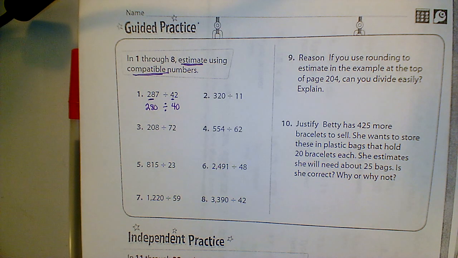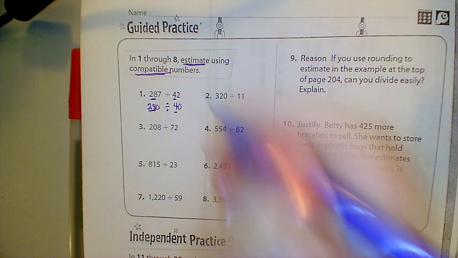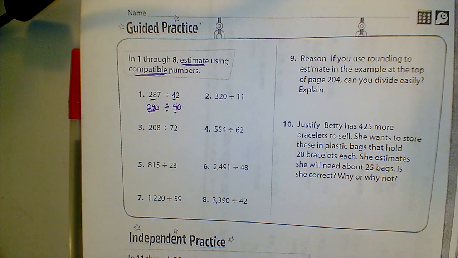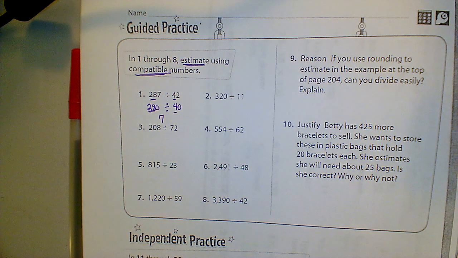How many times will 4 go into 28? 7 times. So reasonably, we could say that 287 divided by 42 is about 7, right?